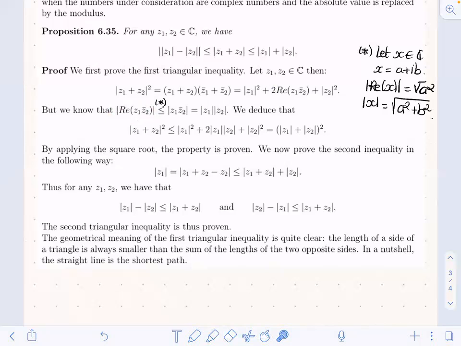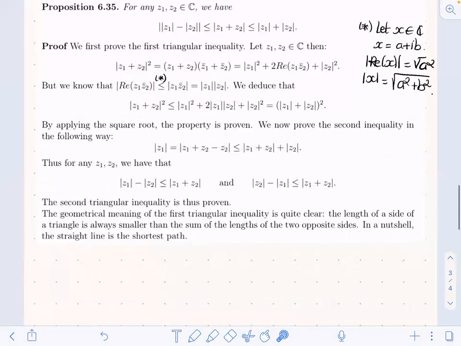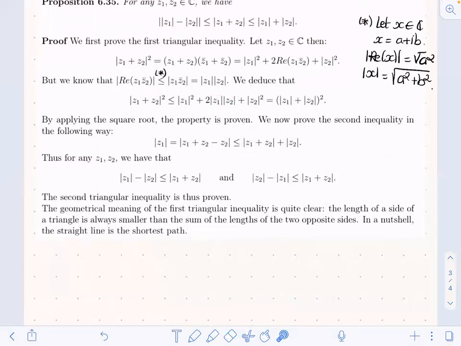And so you get the modulus of Z1 plus Z2 squared smaller than the modulus of Z1 squared plus the modulus of Z2 squared, plus 2 times this product. And if you look at what that is now, that's a square: modulus of Z1 plus modulus of Z2 squared. And if you apply the square root, you get exactly this inequality here.